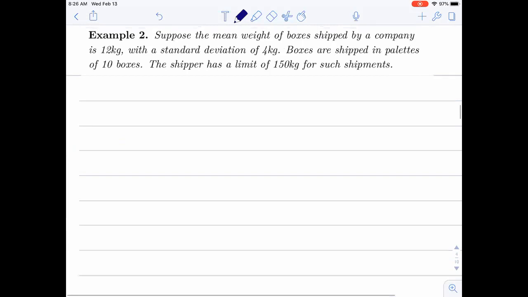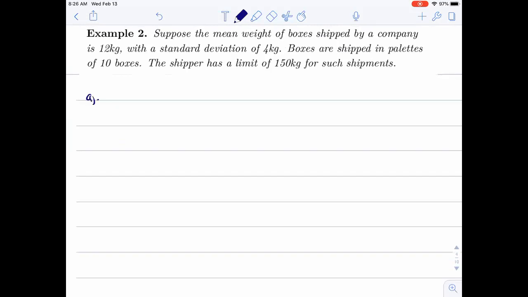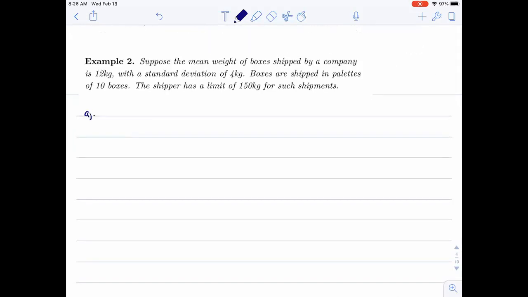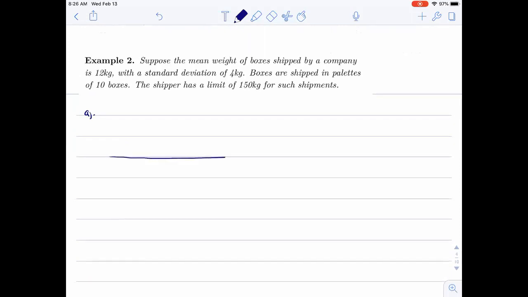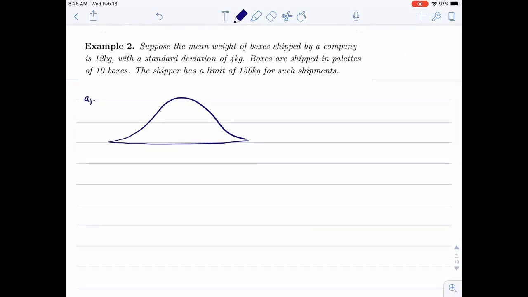And so, part A, we've got something that looks like this. You can always just assume that you have a normal distribution, even if it doesn't say, and I'll talk about why in the next section.